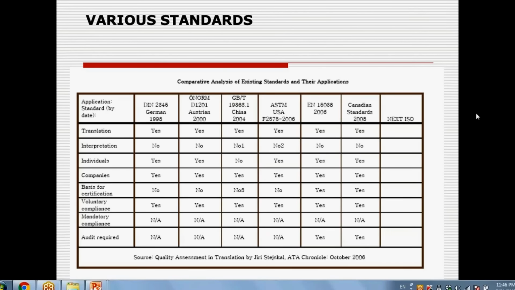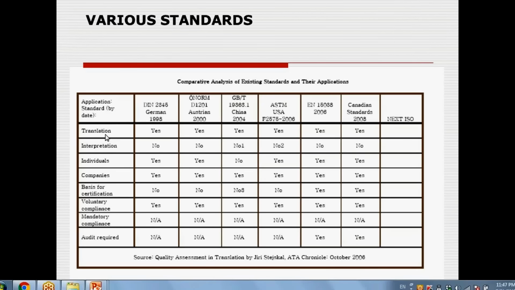So now if you go through the left part of the table, where these standards apply and what they cover: translation, interpretation, individuals, companies, basis of certification, voluntary compliance, mandatory compliance, and audit required. So Jerry has told us how to understand these standards.